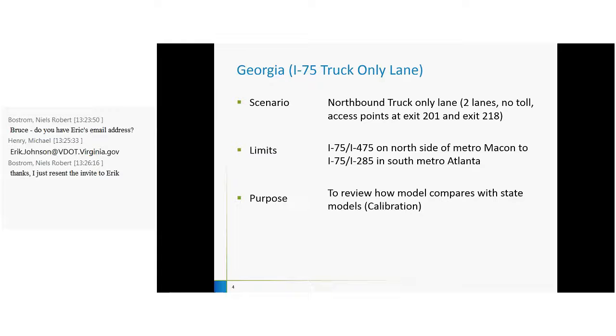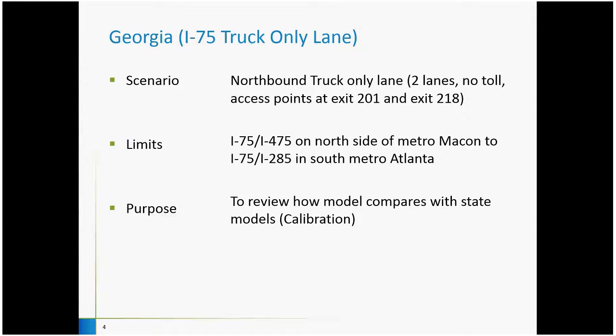For scenario one, we're looking at a northbound truck-only lane that runs parallel to I-75. This is a 2-lane facility that is not tolled, and the current scenario has 2 intermediate access points at exit 102 and 118. It's about 61 miles in length and connects Macon to Atlanta.